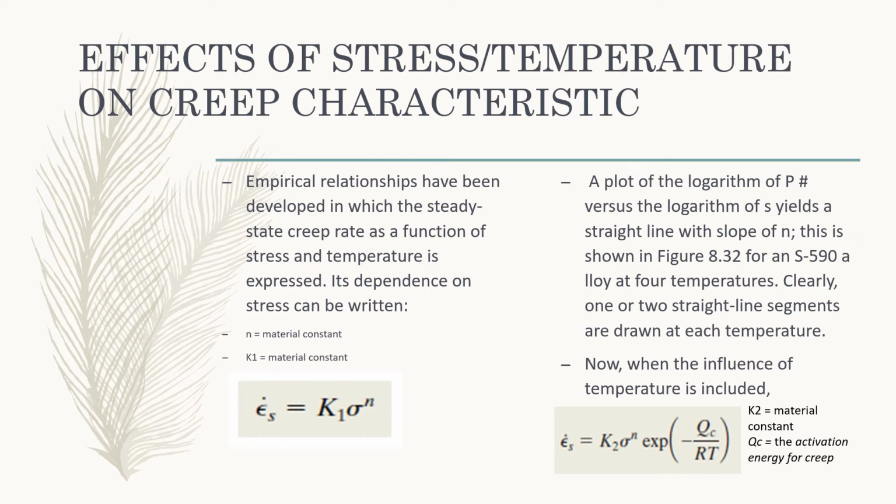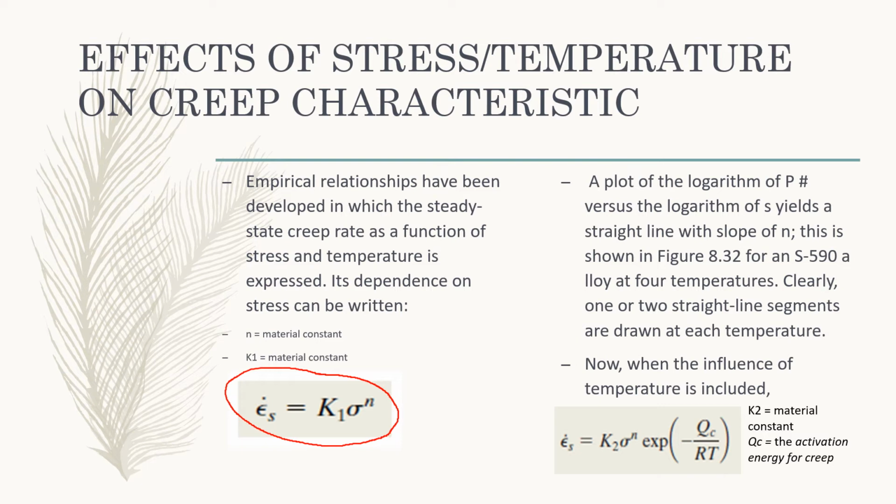Empirical relationships have been developed in which the steady state creep rate is expressed as a function of stress and temperature. Its dependence on stress can be written as this formula, where n indicates the material constant, and K1 is also a material constant.